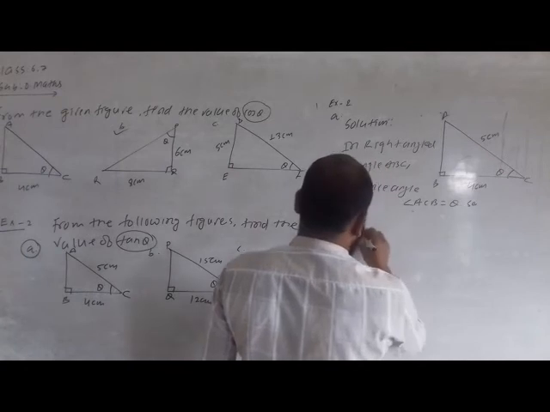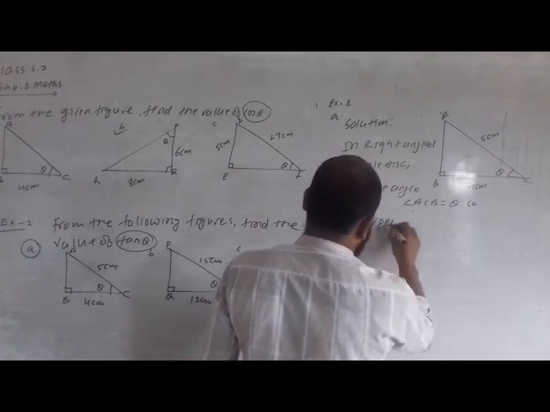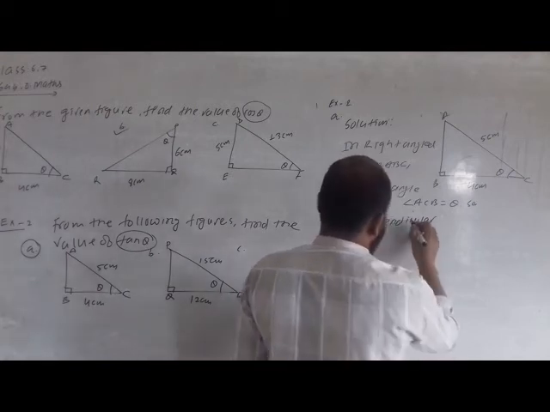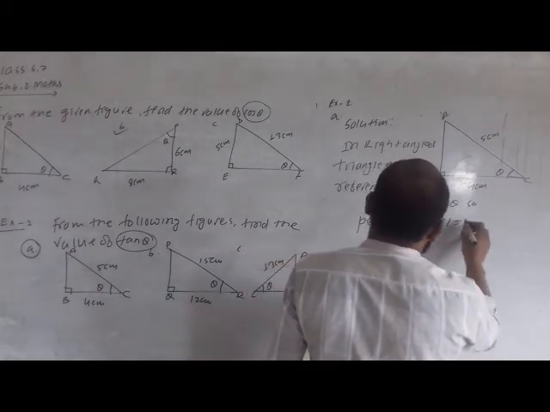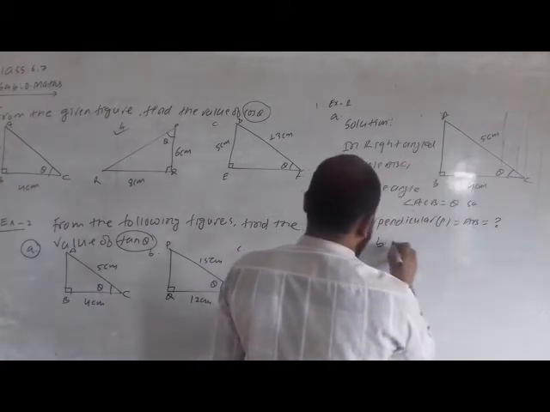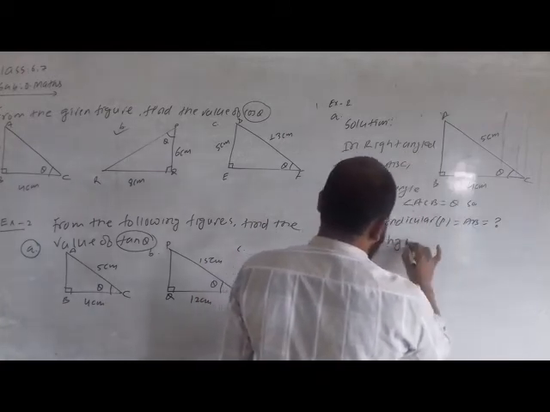So perpendicular P is equal to AB, which is not given. What's the hypotenuse?